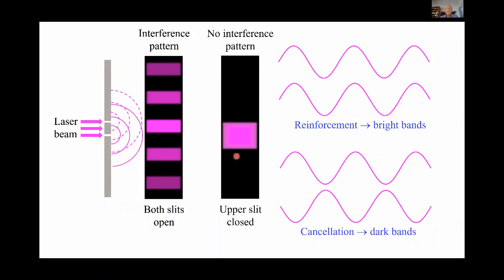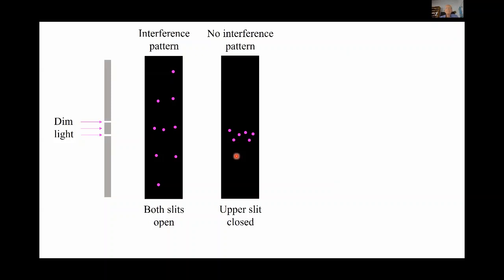Now, suppose that the light is made very dim. Spots will be observed on the photographic plate. With time, these spots will build up to produce the same bands that were observed before. But something odd is happening. Light passes through the slits as waves, but unmistakably hits the photographic plate as particles, causing spots.